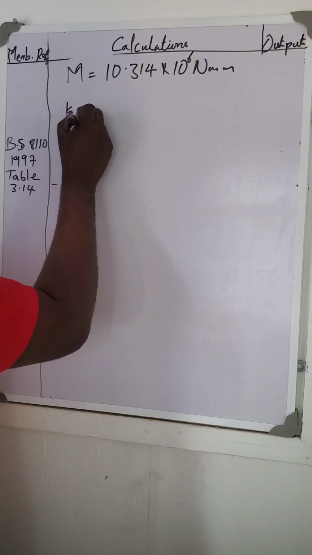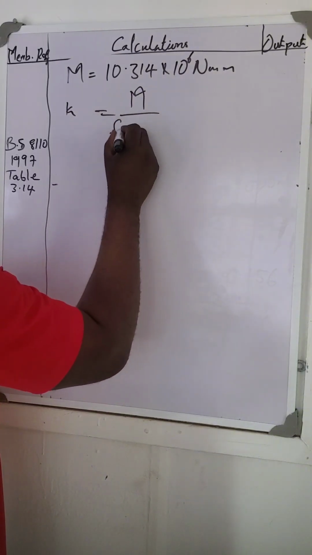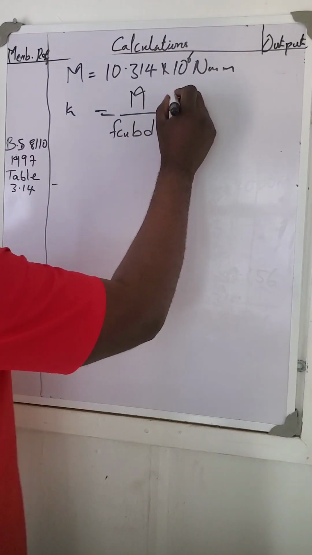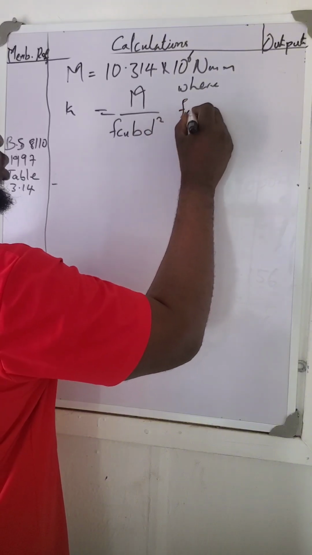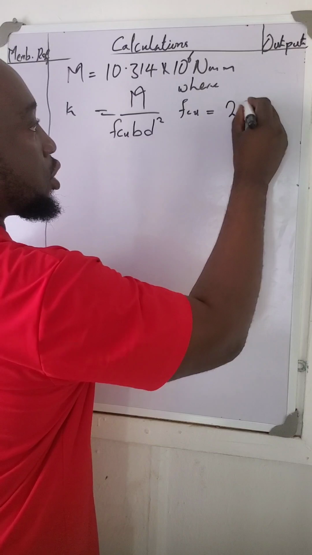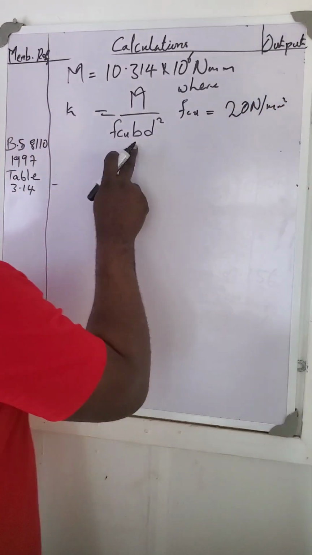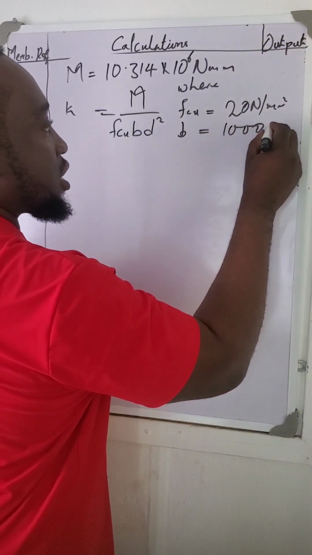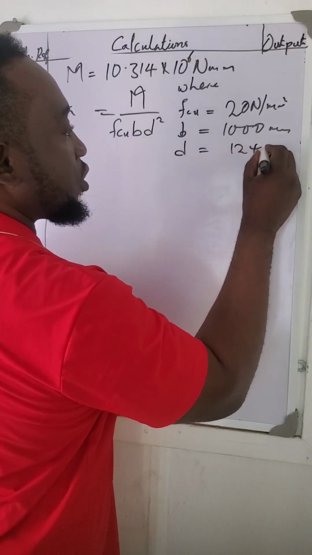Then K is equals to M over fcu b d squared, where fcu, characteristic strength of concrete, is 20 Newton per millimeter square. Then b is taken as 1000 millimeters.